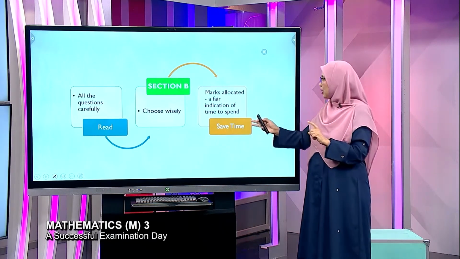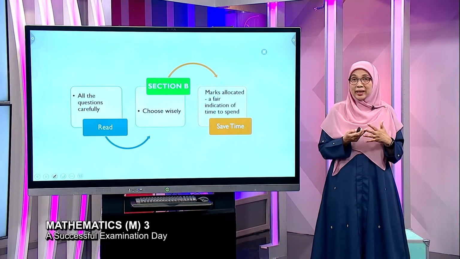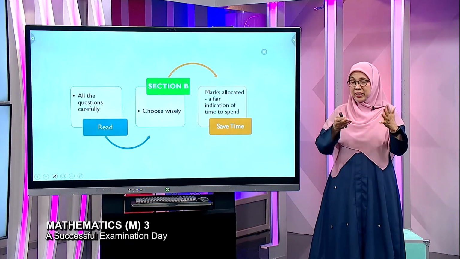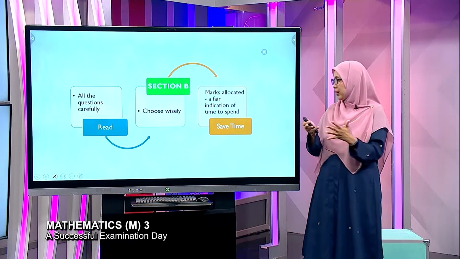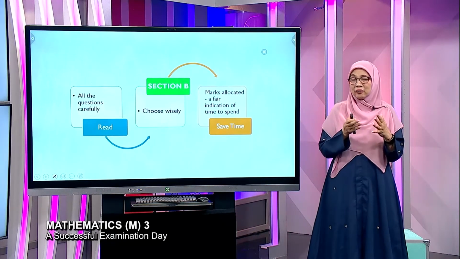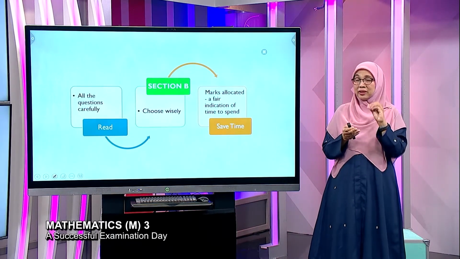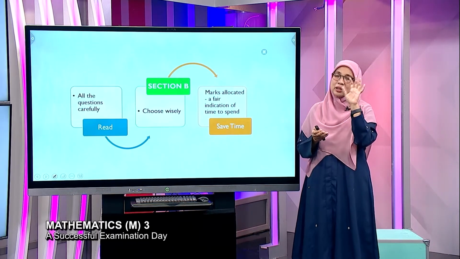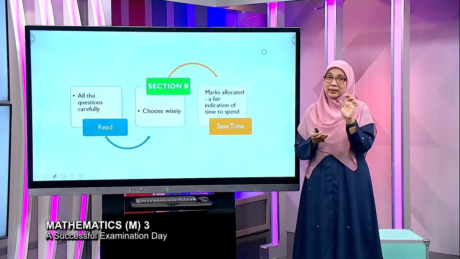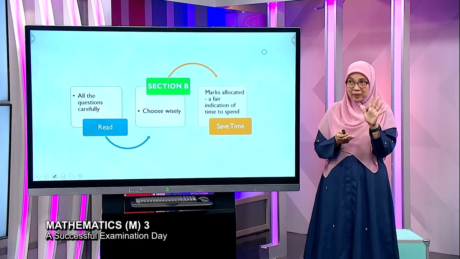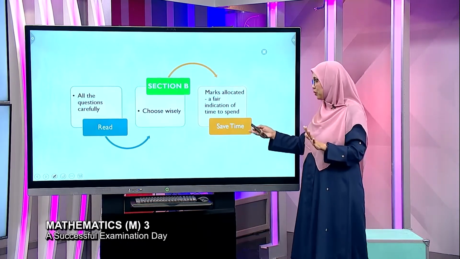And then to save time, please read the marks allocated for the questions. Because the marks allocated are a fair indication of how much time to spend. Like just now, 5 marks meant the working was not difficult. If 7 marks or 9 marks, it means it is very lengthy. So this helps you to save time.